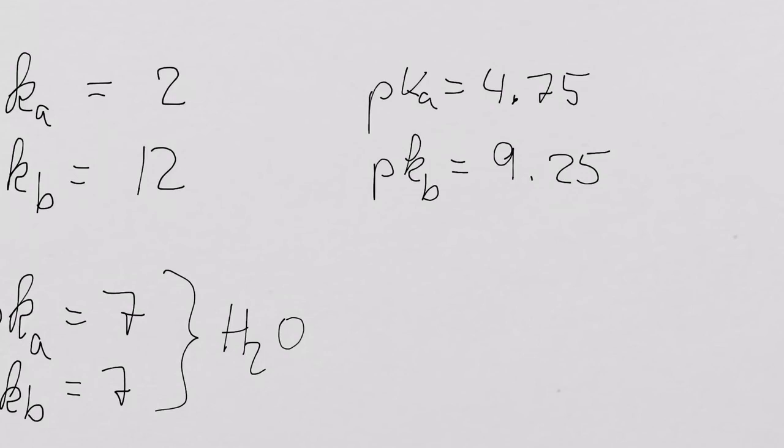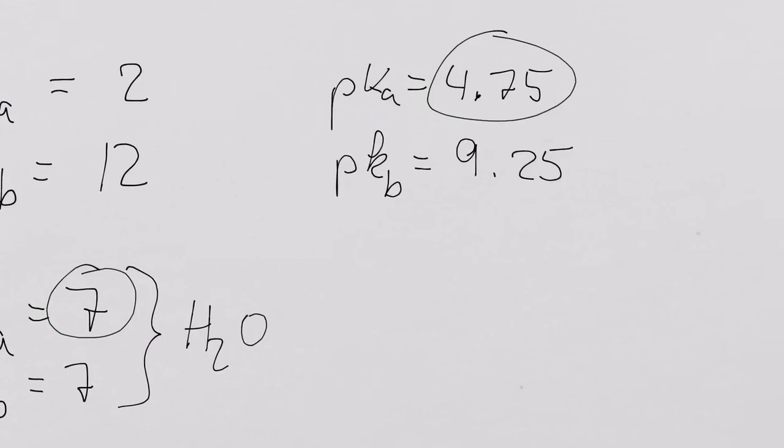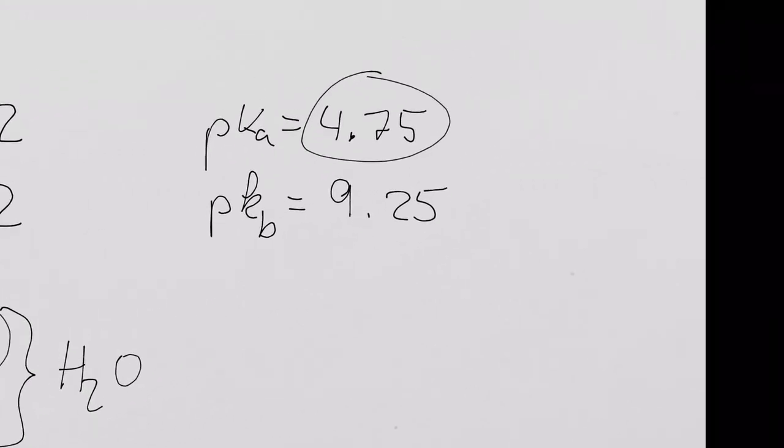Is this a stronger acid than water or a weaker acid than water? It's a stronger acid than water because the pKa is lower than my 7 here. This is actually acetic acid.